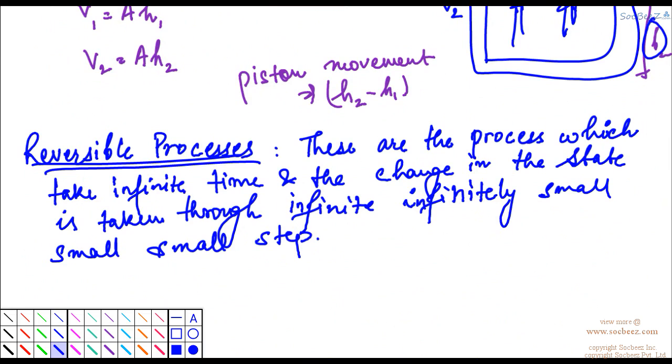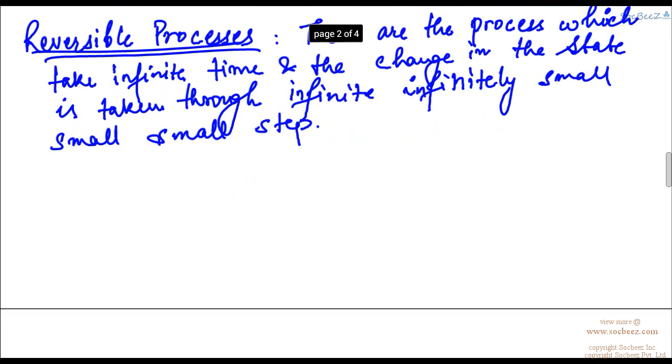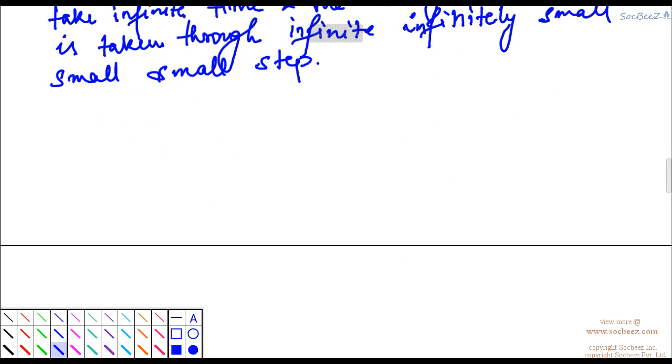We want to ensure that at each and every moment of the process, all three properties of the gas are completely and precisely defined. So that's why we take it through very small steps and take infinite time to reach the goal.